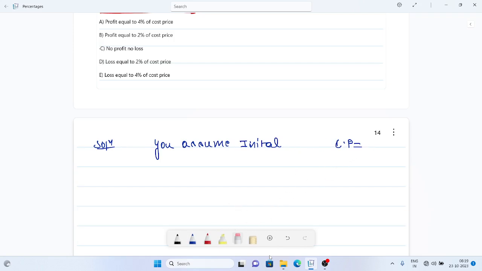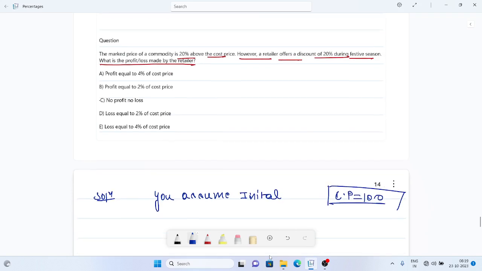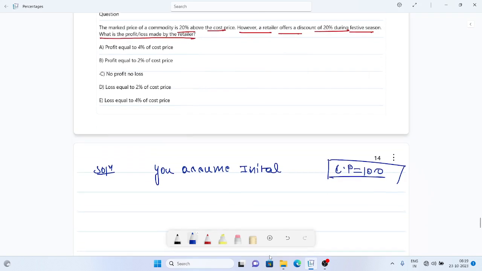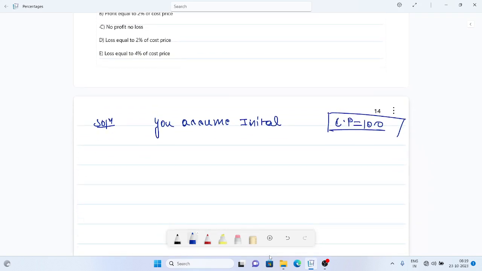Now he said the marked price of the commodity is 20% above the cost price. Cost price is 100, he increased the value by 20% and got the market price. So what is the market price? 120% of 100, which is nothing but $120, right?